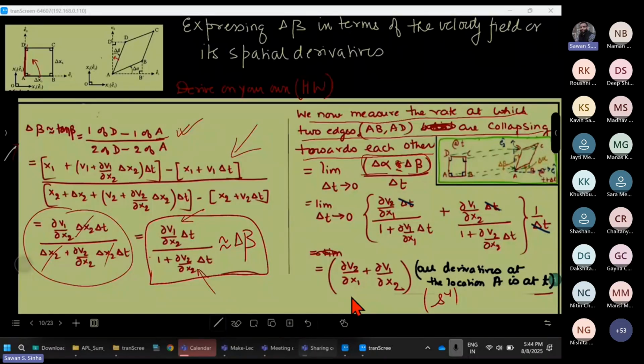That's when you will get the physical quantity, the rate at which two edges collapse towards each other. I'm interested in that. So you would use minus delta beta if you took delta beta to be counterclockwise also. I did not do that. I took delta beta to be clockwise, and that's why the rate at which they collapse must be plus delta beta. Fine.